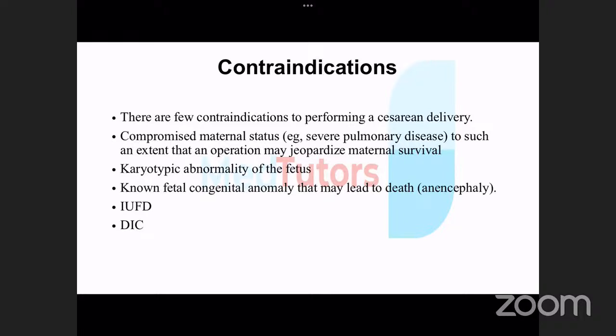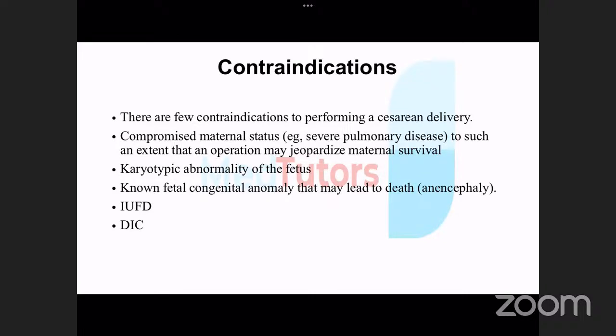Remember, when you have severe maternal disease in which the surgery or the anesthesia would jeopardize her survival, because it is her survival that is of paramount importance. She has severe cardiac disease, severe pulmonary disease, severe kidney disease, whatever disease she has, even if the fetus is fine, but the surgery itself, the CS, will jeopardize her survival, you have to postpone and abandon that CS.